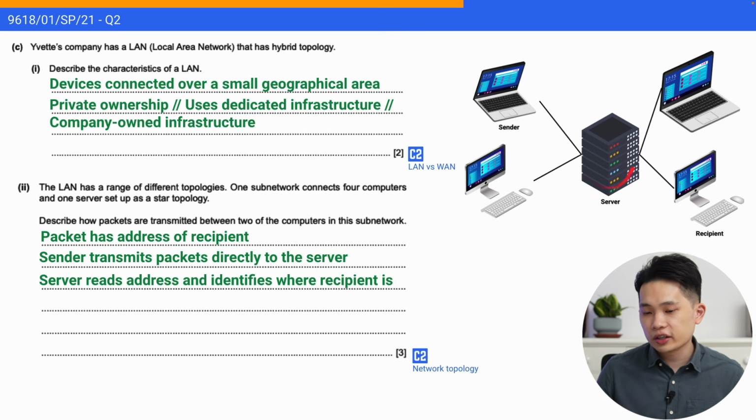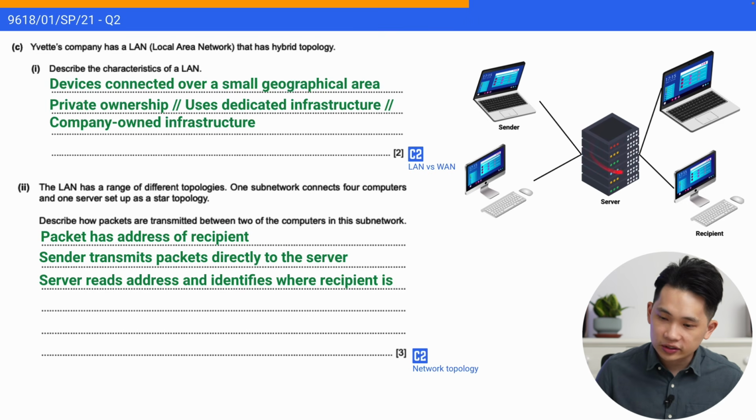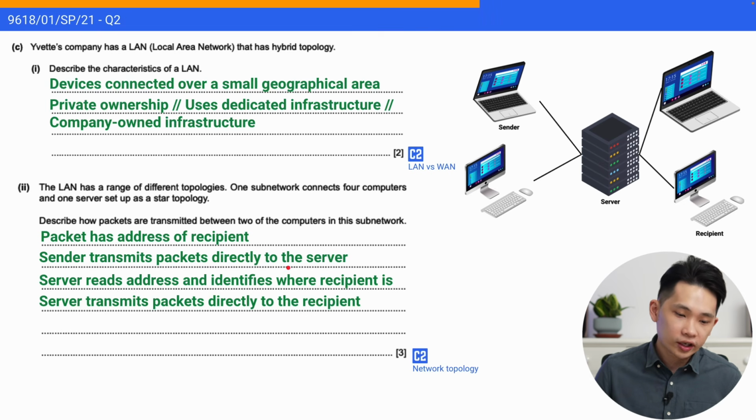So this server here has to read, hey, where is my recipient? He will try to find my recipient here. And finally, we can just write server transmits packets directly to the recipient. So for this type of question, sometimes you can spend some time to do some drawing and visualization, and it's going to be way easier for you to answer the question.